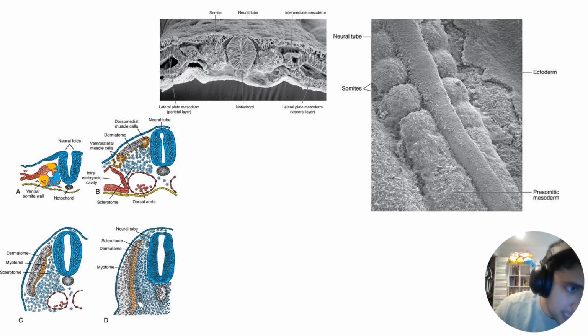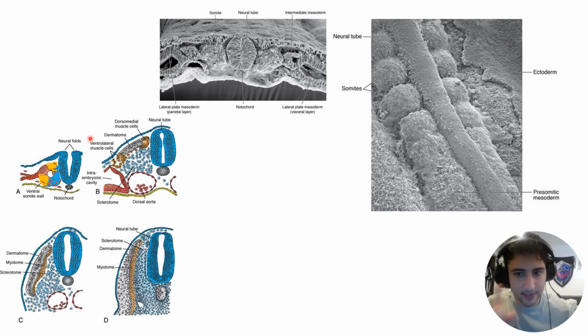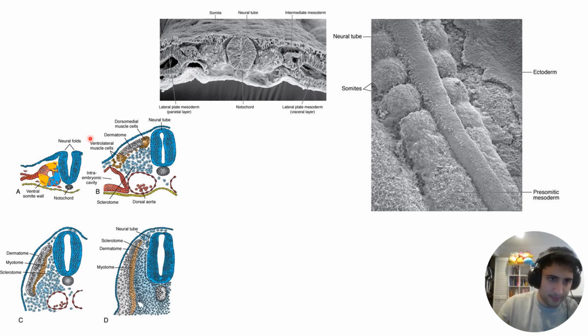So the dorsomedial and ventrolateral somite cells will differentiate into the precursors for the musculature, okay, as shown over here. All right, the ventromedial will become the sclerotome. The ventrolateral will become the muscle precursors. Okay, and that's not too important to memorize. I just want you to be aware of it.